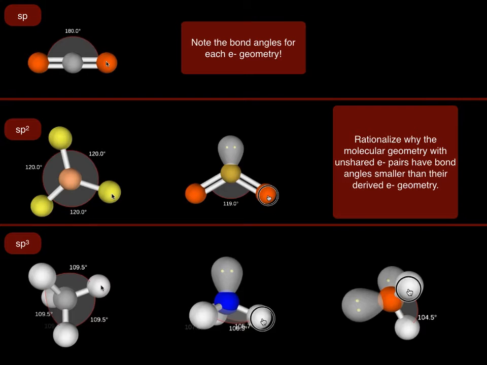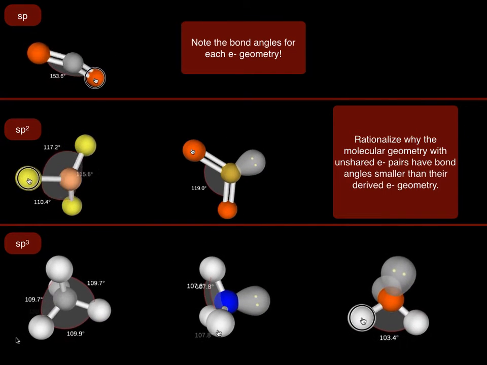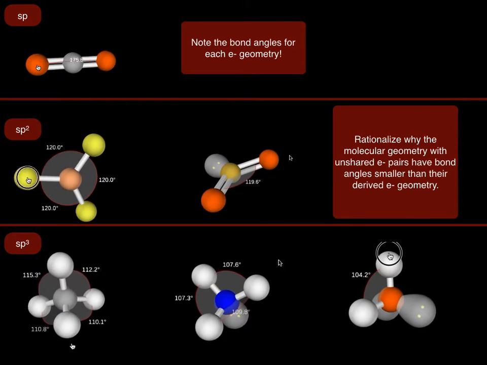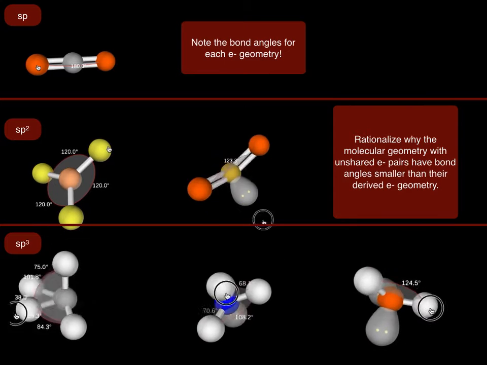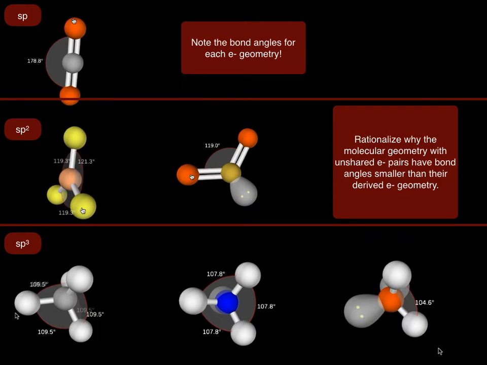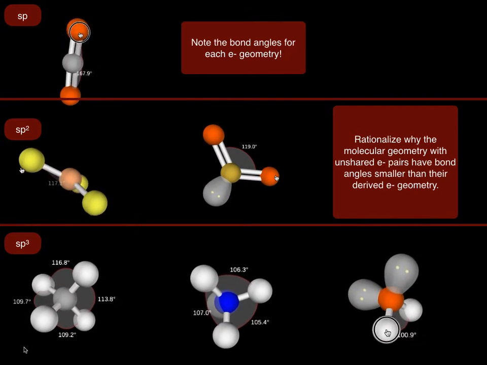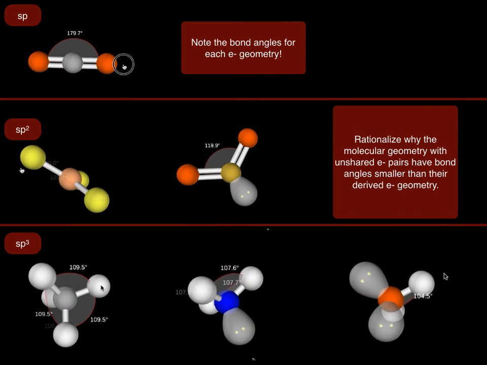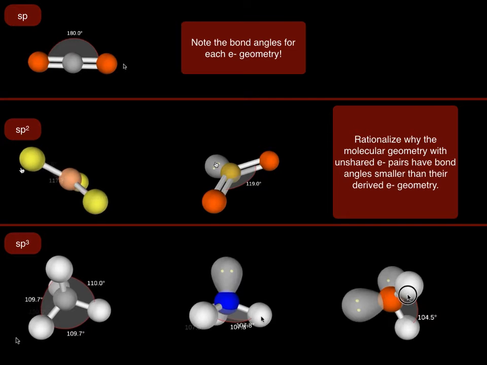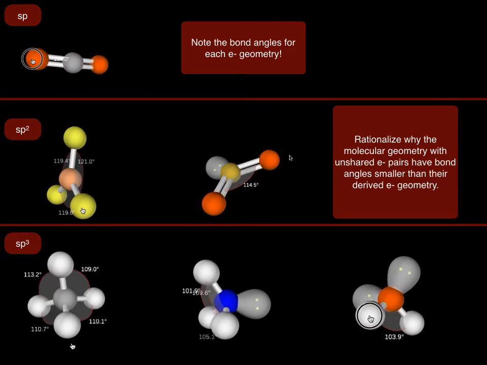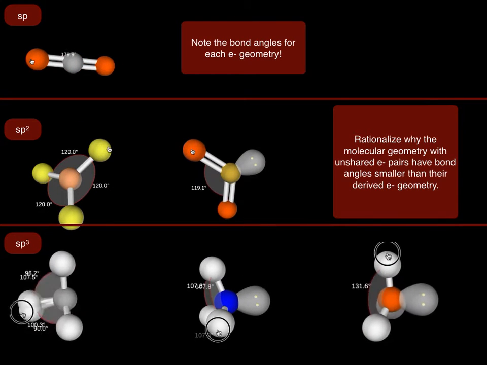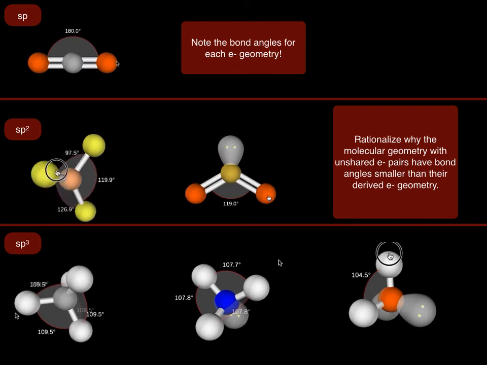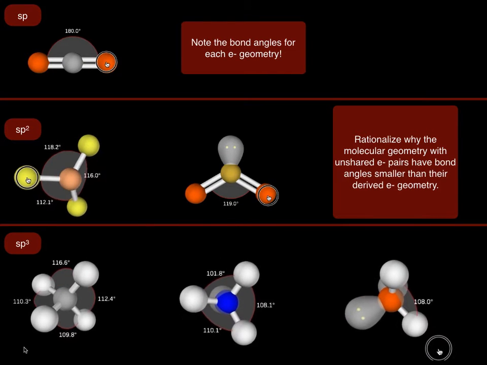In the next set of slides, you should take a moment to get an intuitive feel for each example, as well as their names. For sp, there is only one molecular geometry, and linear is self-evident. For sp2, the root structure is trigonal planar, and trigonal is Latin for literally triangle, while planar refers to the object being in the same plane.